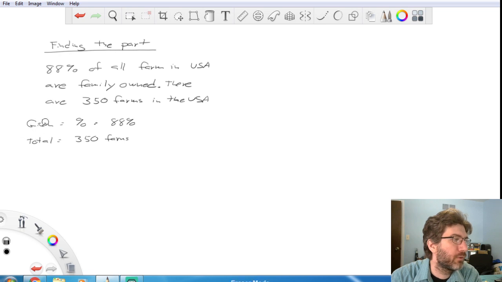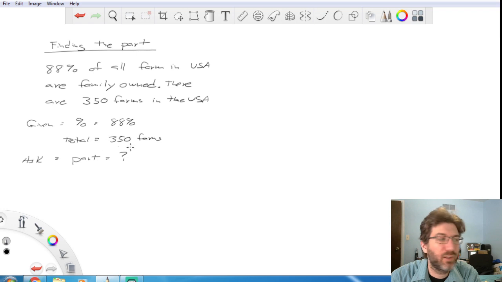I guess this was a bad way of doing it. What you're given is a total, and I should put that with the percent there. So I have a total, in this case 350 farms, and I'm asked to find the part. So how do I go about doing that?